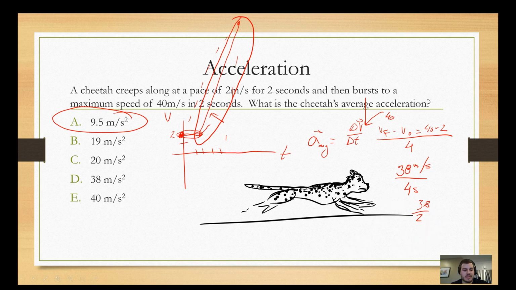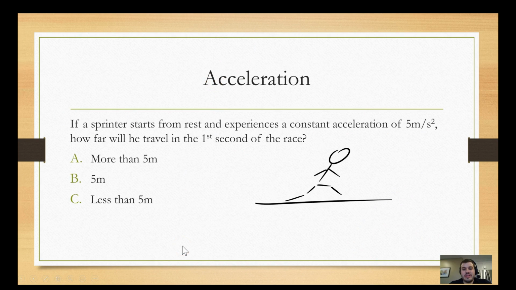Okay, let's take a look at the next one. Another question here to help us see the value of making velocity time graphs. If a sprinter starts from rest and experiences a constant acceleration of 5 meters per second squared, how far will he travel in the first second of the race? So if we make a velocity time graph, he starts from rest.